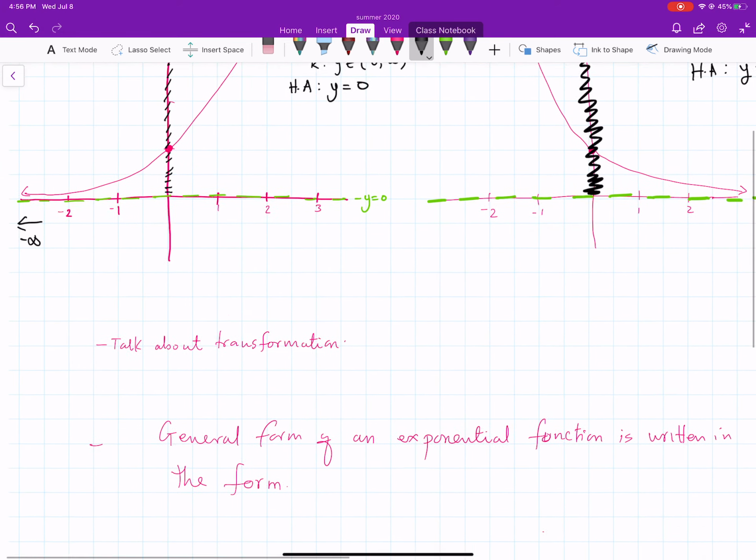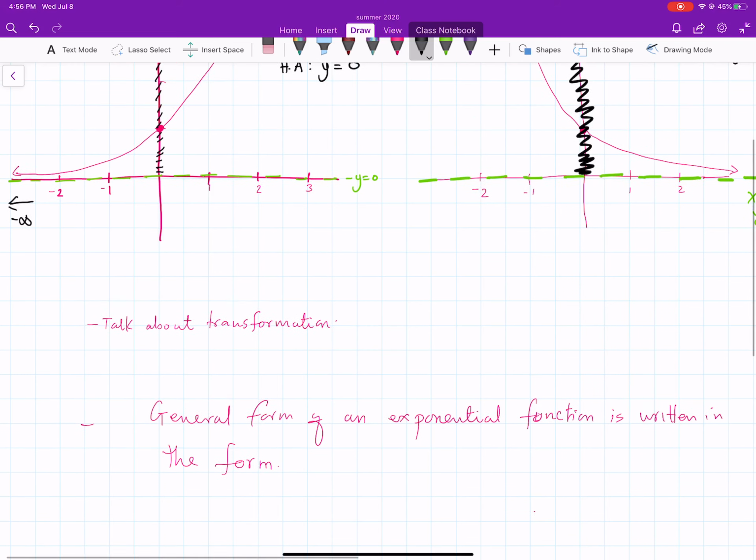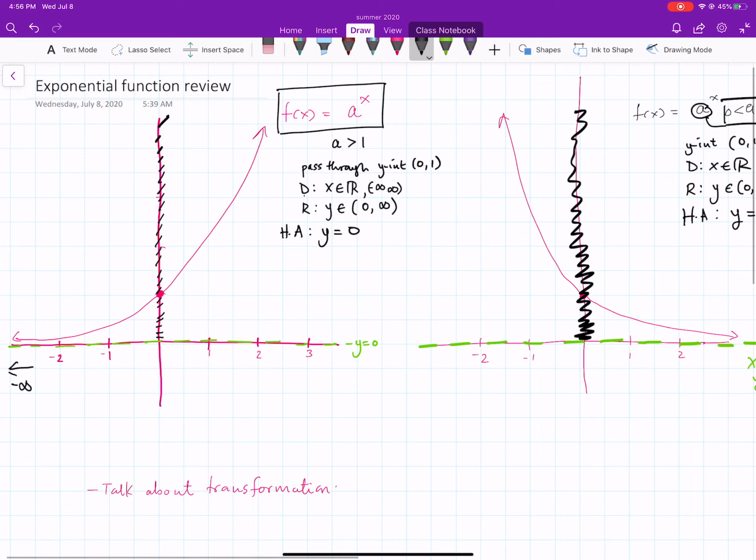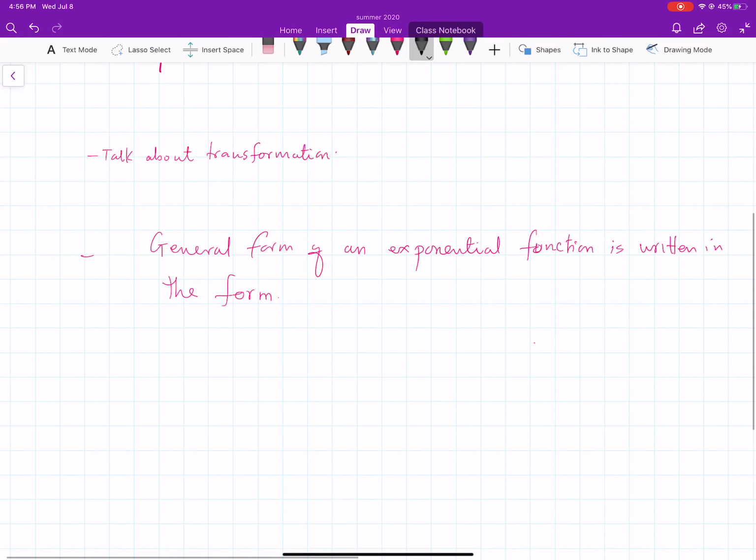Because of that, we need to come up with a general formula other than a to the x. When I move, I need to show that I'm adding c to the exponent if I'm going to move to the left, and if I want to do minus c, I'm moving it to the right. So we're going to come up with a generic form for an exponential function.